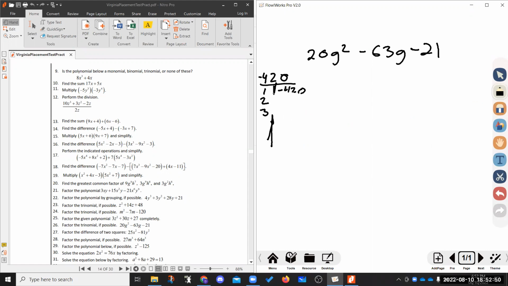Let's see here. 2 and 210, and then 3 and negative 140, then 4 and negative 105, 5 and negative 84. 6 and negative 70. 7 and negative 60. Not 8. Not 9. 10 and negative 42.